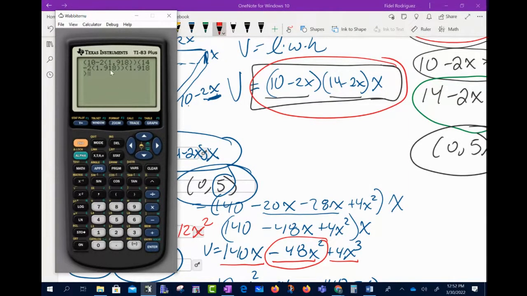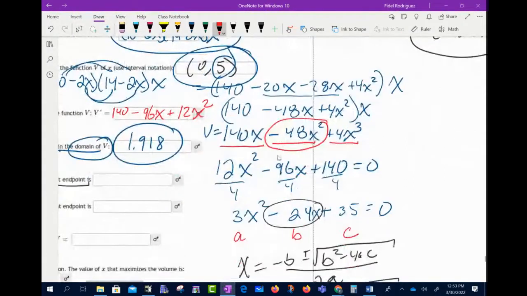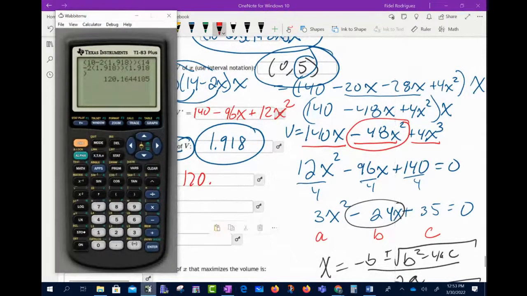And then 14 minus 2 times 1.918, and then times the other 1.918, right? So if I hit enter right there, the number that I'm coming up with is about 120.164. So right here, y'all, I'm going to put 120.164.